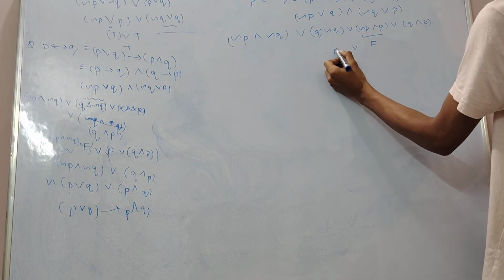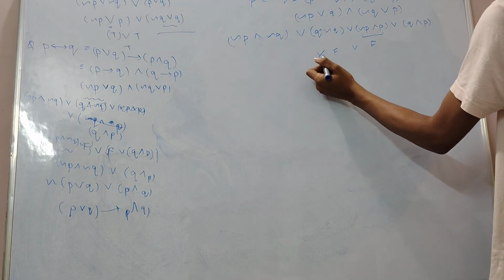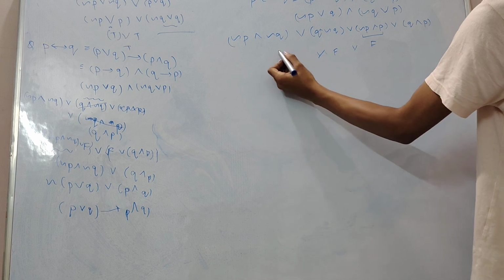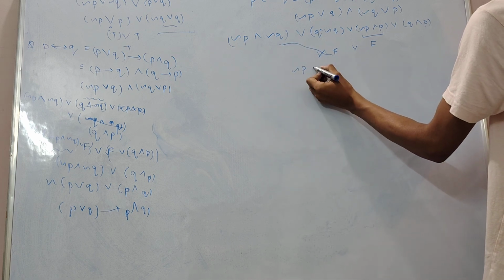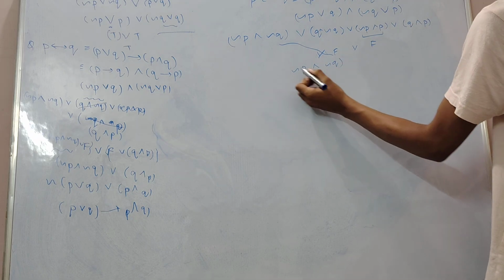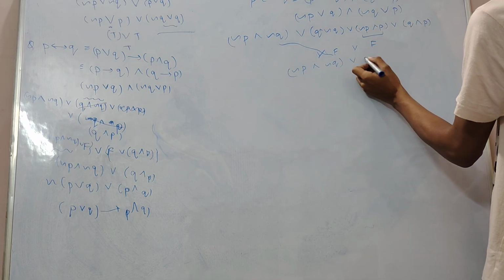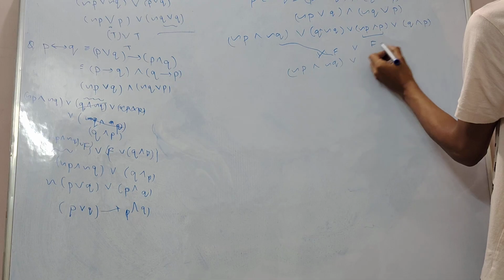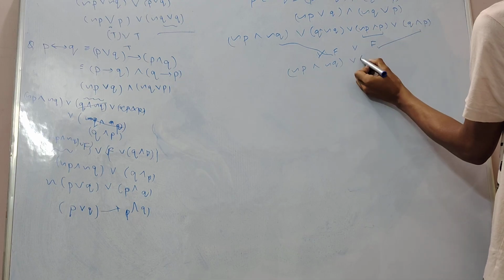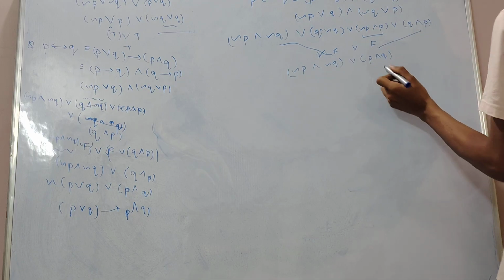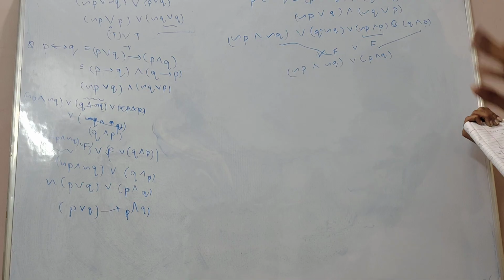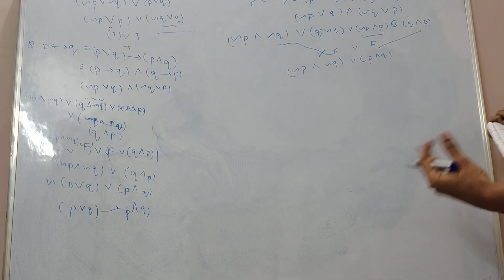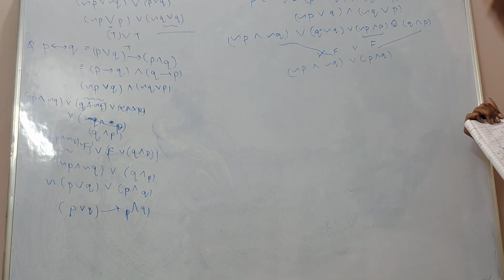So this will give me the same thing, negation of P and negation of Q, or this will give me P and Q, right? Because there is OR. So when there is OR, we need only one. It does not mean that every time you will get a false, right?